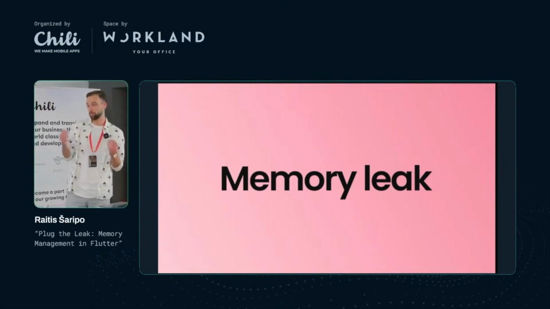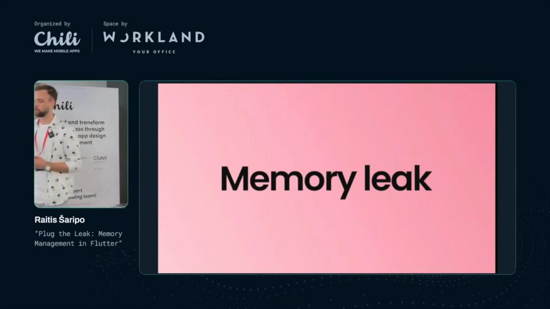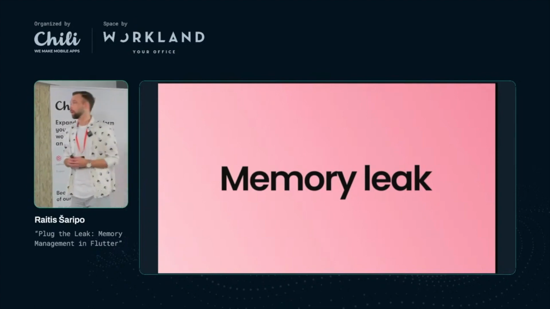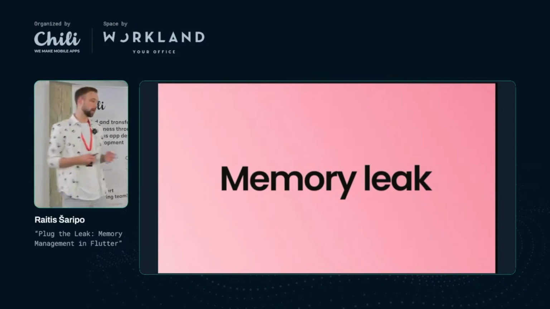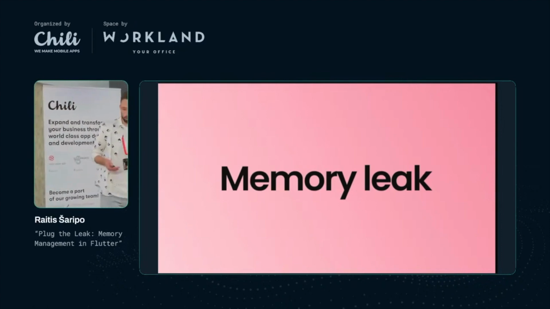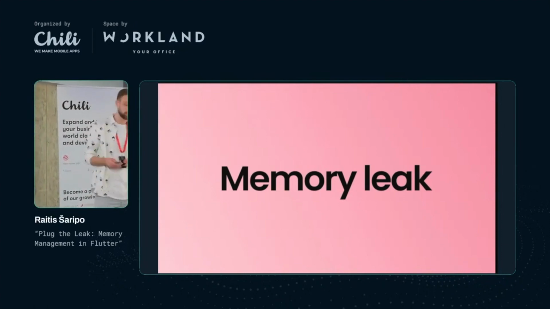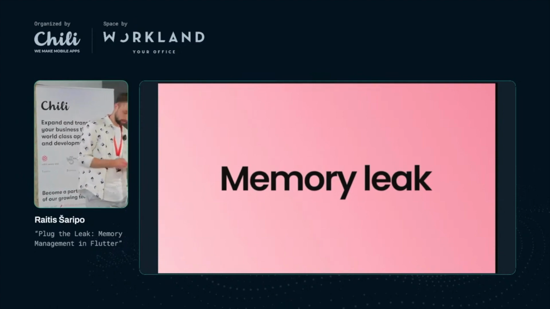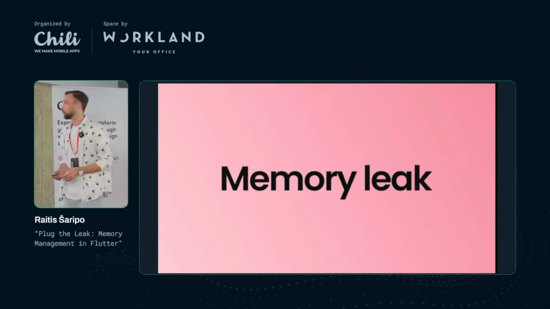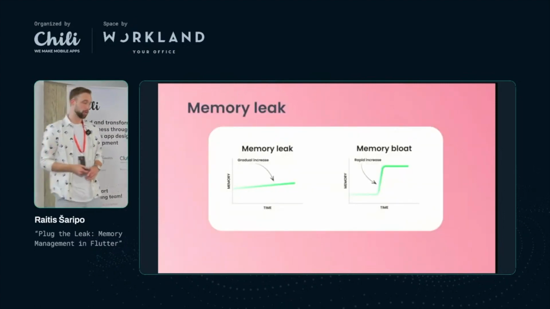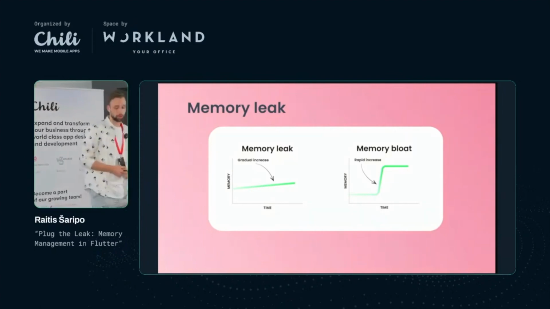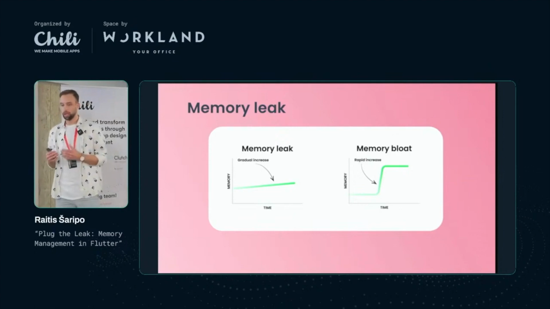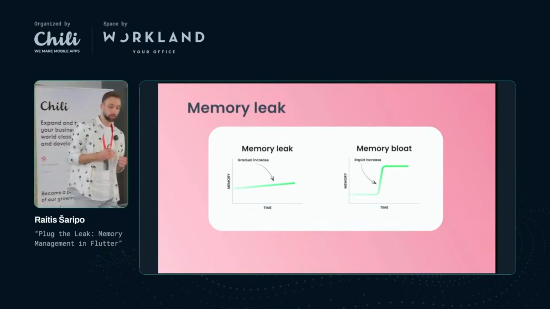When talking about memory management in general, it happens during the runtime, mostly, and the memory that gets allocated and deallocated happens in the random access memory of the device, also known as RAM, right? Not to confuse memory leak with memory bloat, which is a condition whenever too much memory gets used for something.